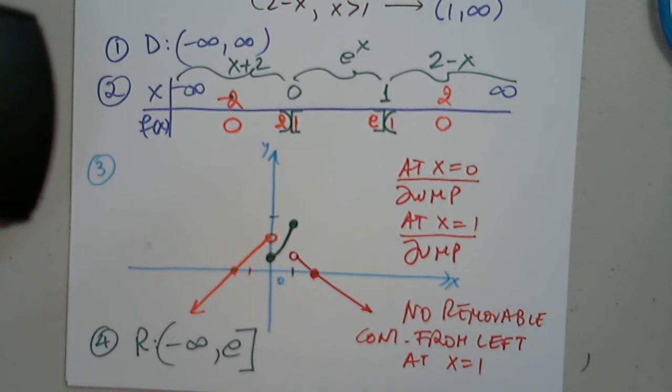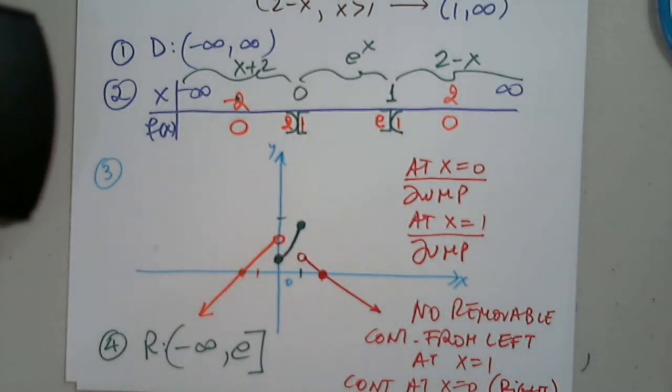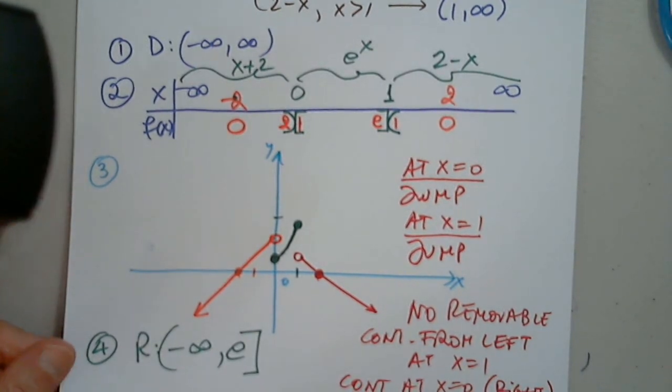Continuous from the right. Is this function continuous from the right anywhere? Yes, at 0. At x equals 0. I meant to write continuous from the right. I'm going to put in parentheses right. Sorry about that. I tried to squeeze everything in this little spot. Very good. There is nothing else we need to know.